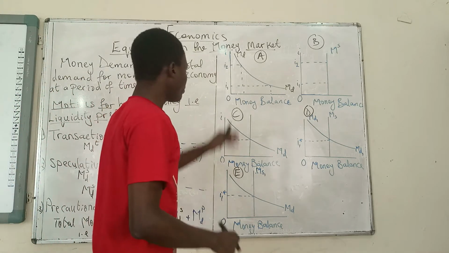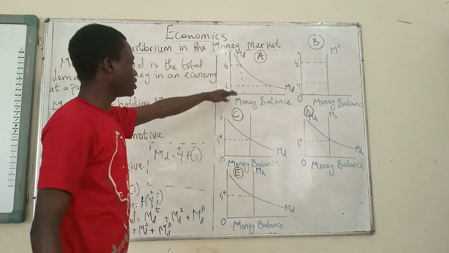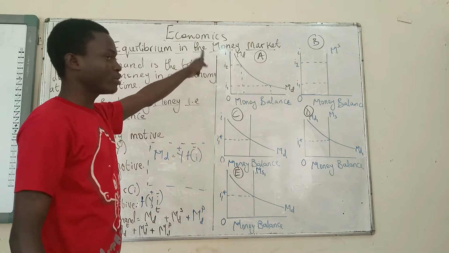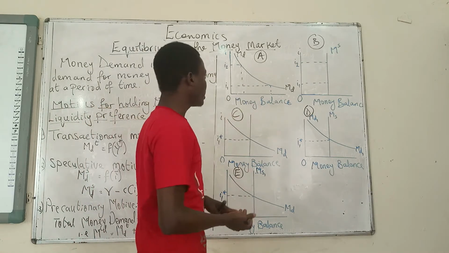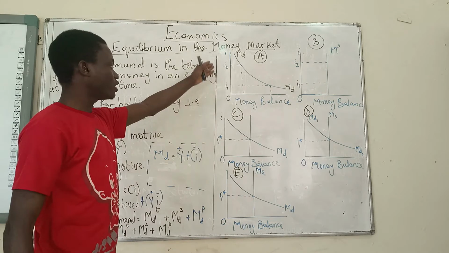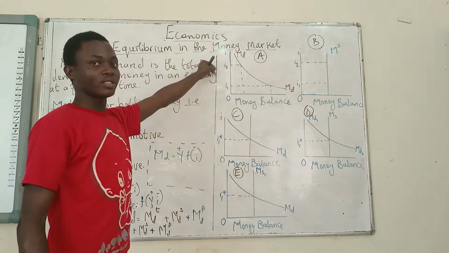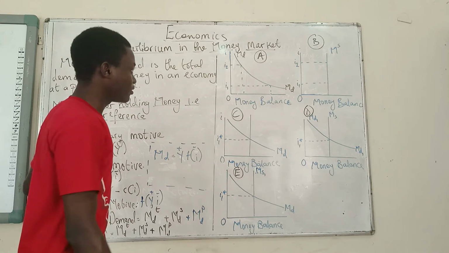When we're talking about money demand, we plot the money balance against the interest rate: interest rate on the vertical axis and money balance on the horizontal axis. The same thing for money supply. And money demand changes as the interest rate changes. That was explained in the previous class, because that is the speculative motive of holding money.